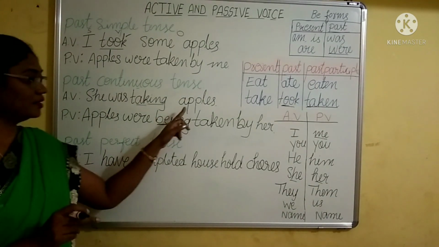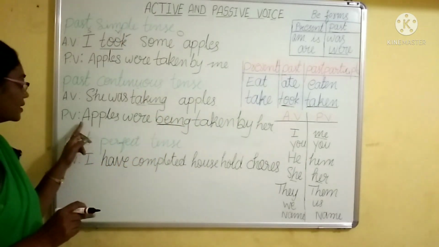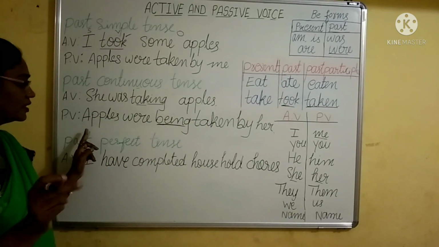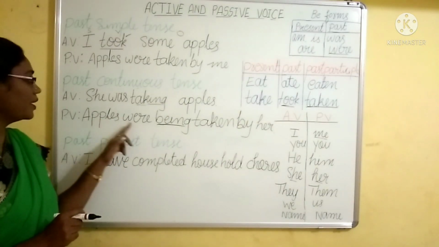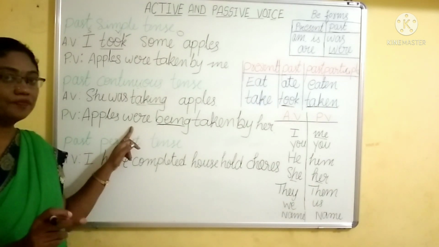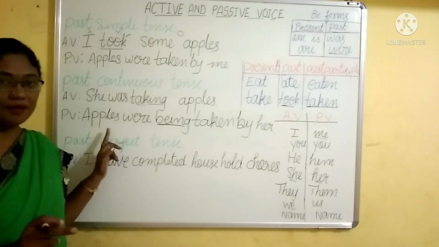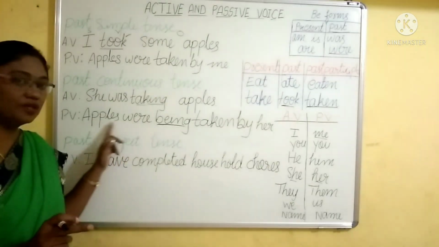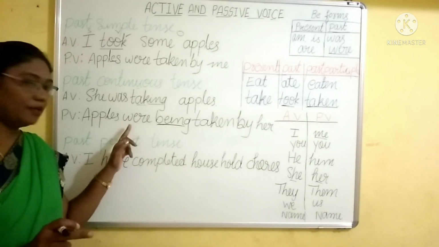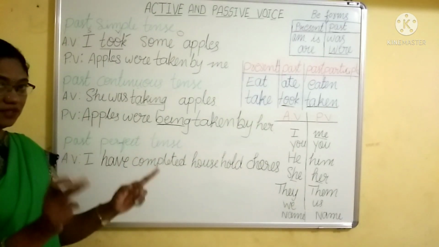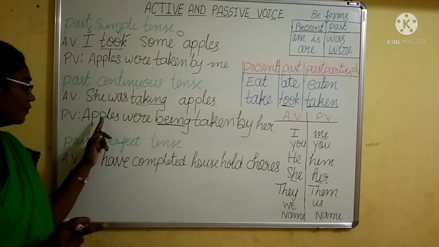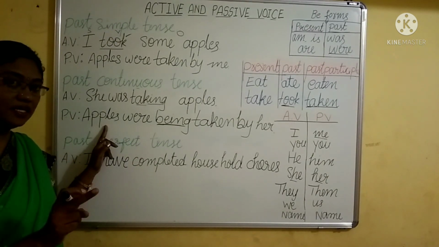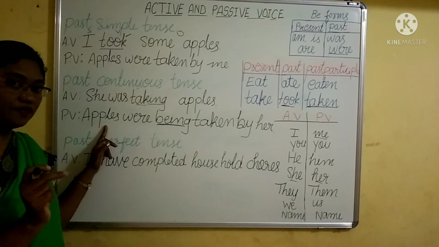The object is written in the place of the subject, first step. Then we have selected the be form according to the subject. We have to conjugate these helping verbs with subjects. If the subject is singular, we have to select the singular be form.